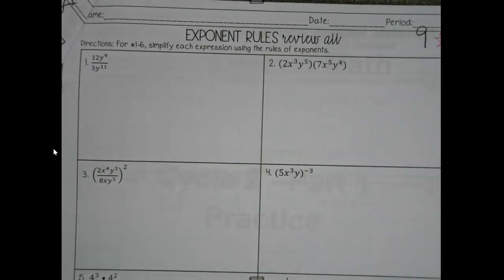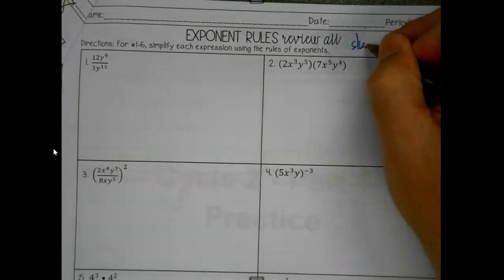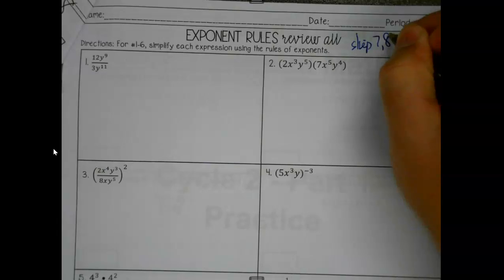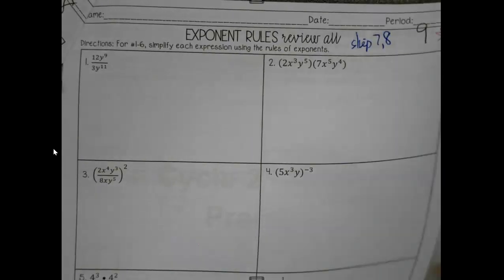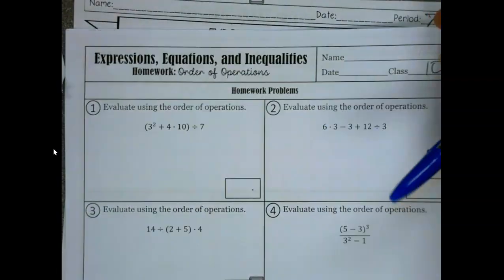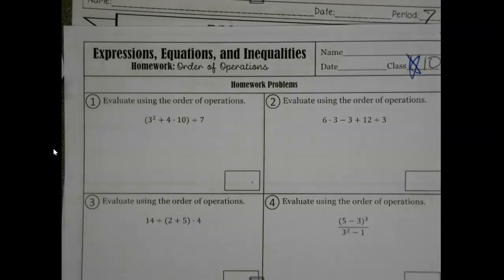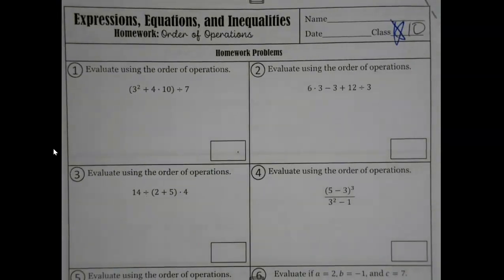So number 7 and number 8 on this page we're going to skip for the time being because we got to make sure we get that situated. And finally, got to star my page here. And then number 10 again, blends order of operations, evaluate, and some of those different things.